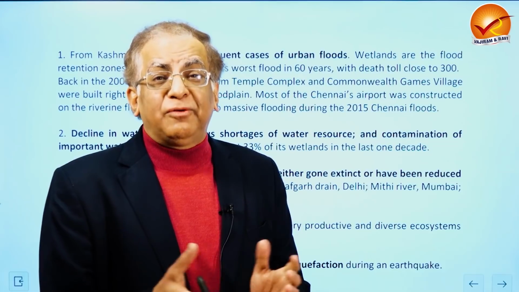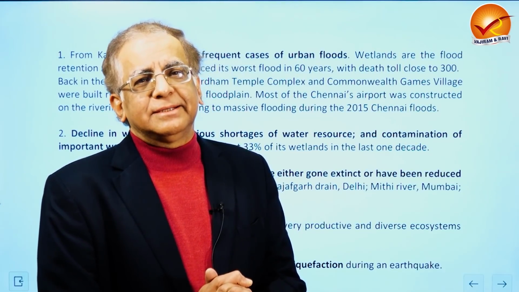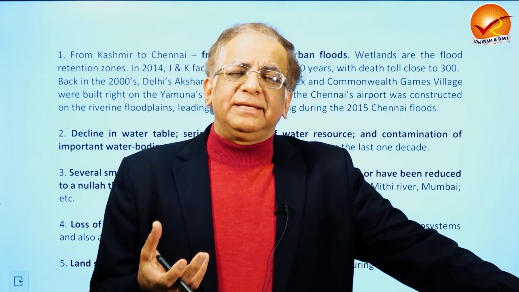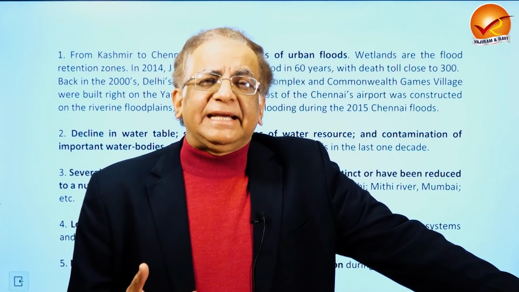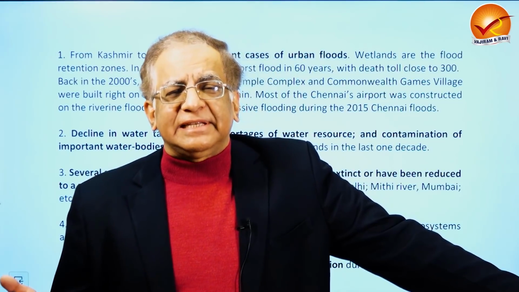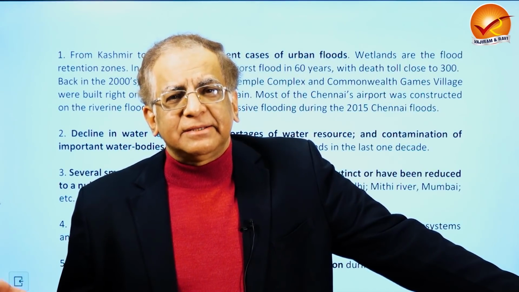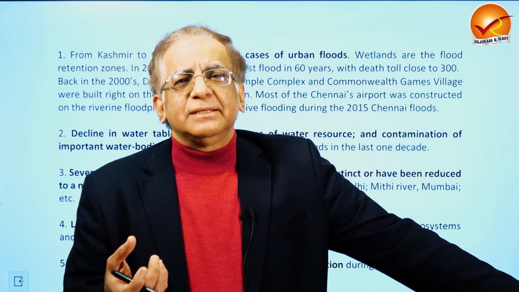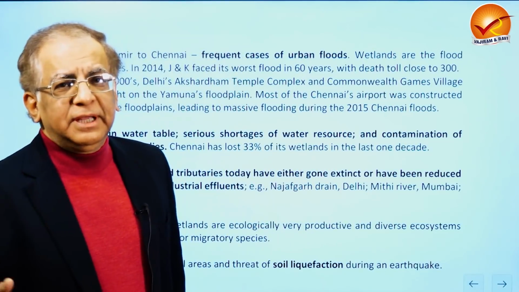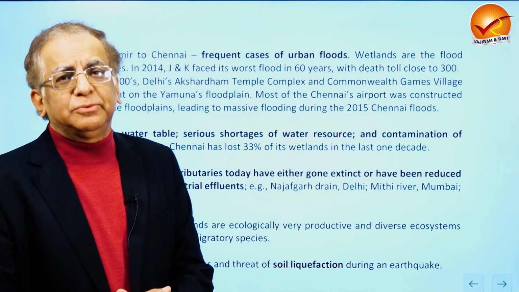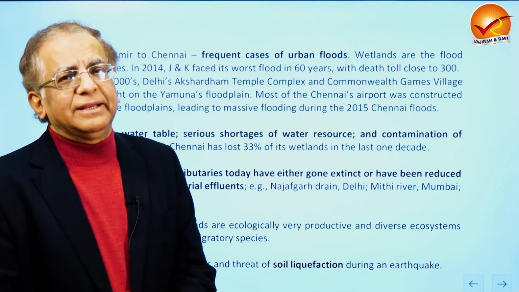But since we have removed most of those wetlands, our earth surface is not able to absorb the rainwater. And secondly, we have laid different kinds of surface layers in urban areas which are not able to soak water. It means the water flows, and that becomes a problem for the administration to manage if there is a heavy rain.